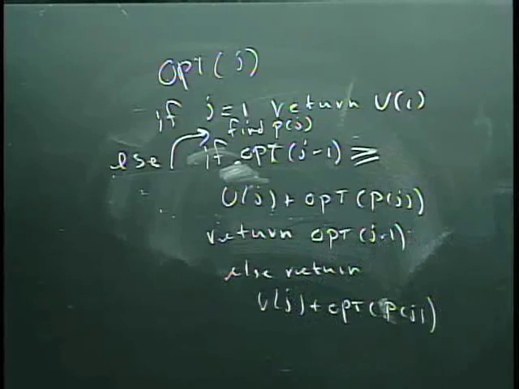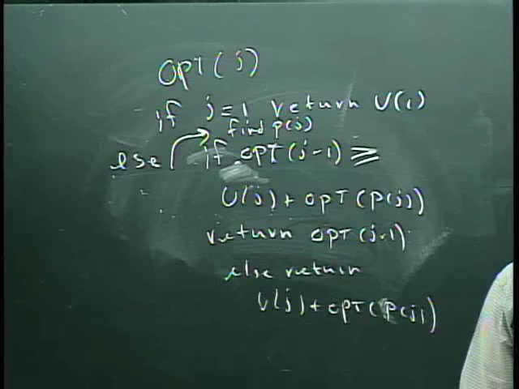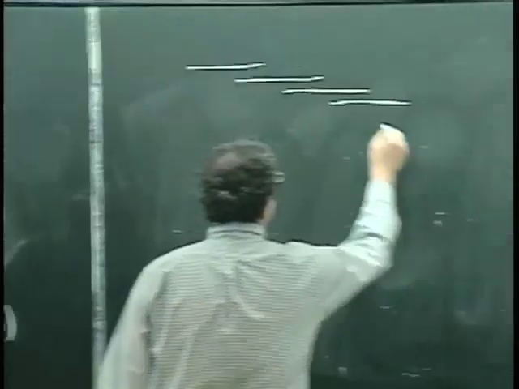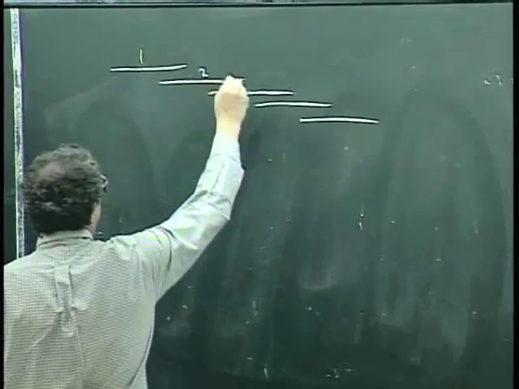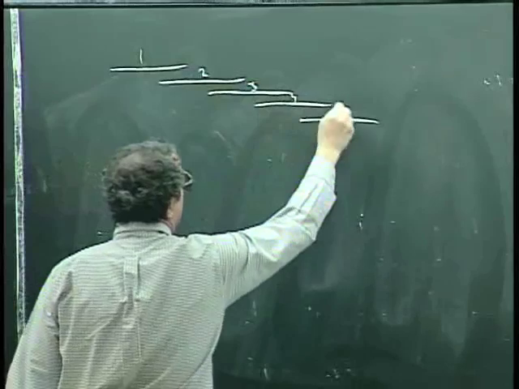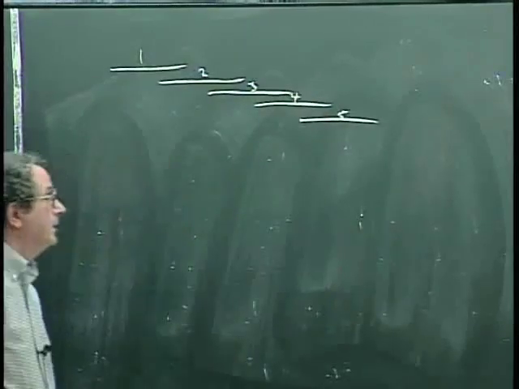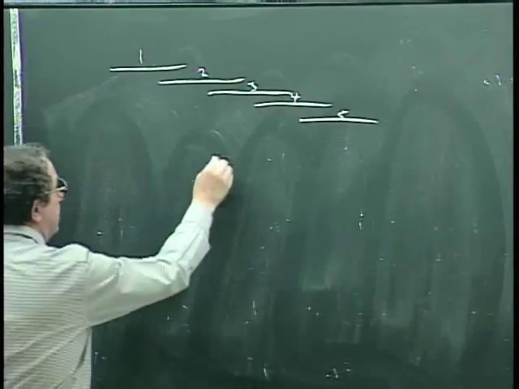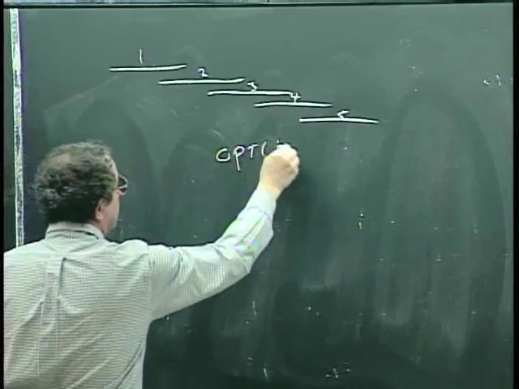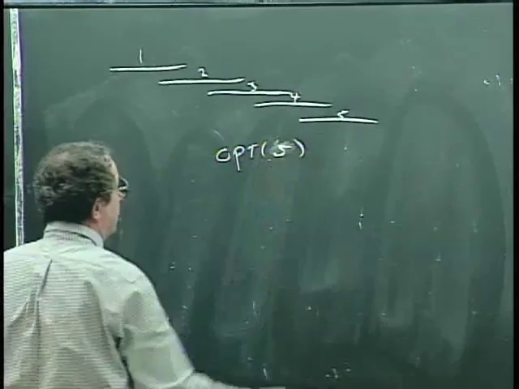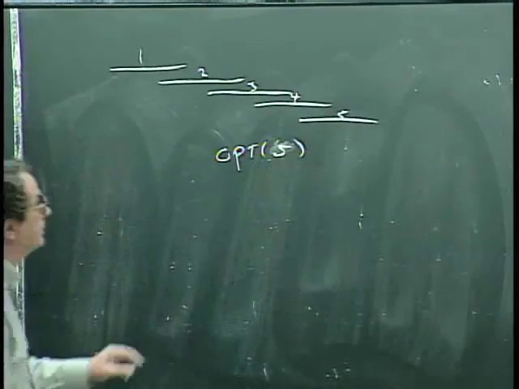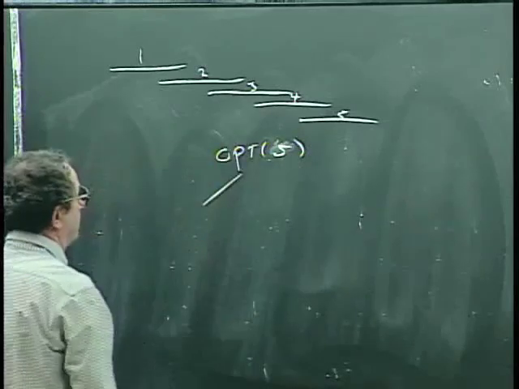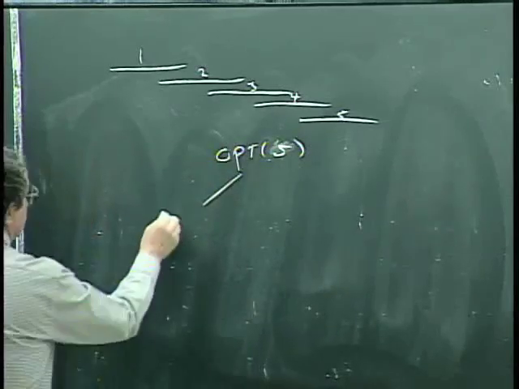But is it efficient? Is this what we would be happy with? So let's think about a little example here. This is interval 1, 2, 3, 4, 5. Initially we'd be calling opt of 5, and it will call opt of 4.